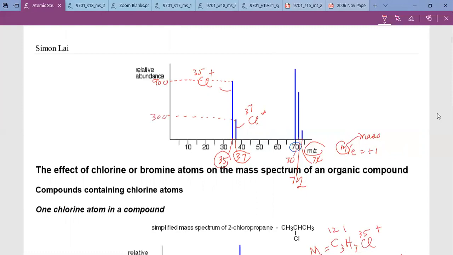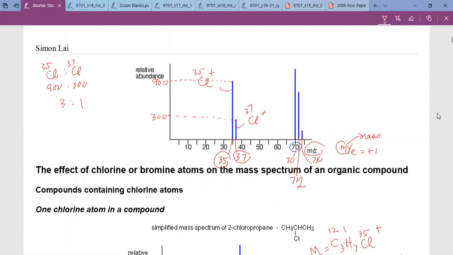So you conclude that Cl 35 is to Cl 37, in nature, the relative abundance of finding these isotopes is 900 to 300, or 3 to 1. So there is more chlorine 35 than chlorine 37.